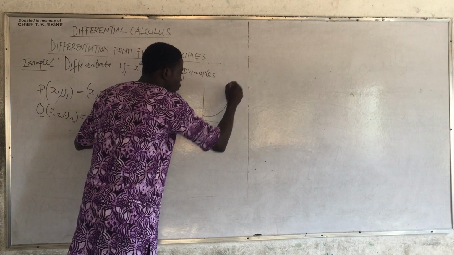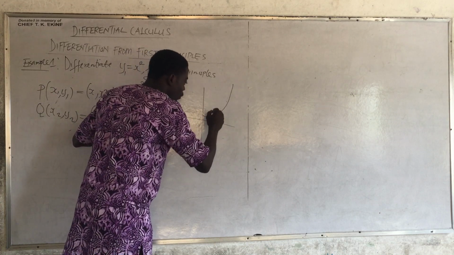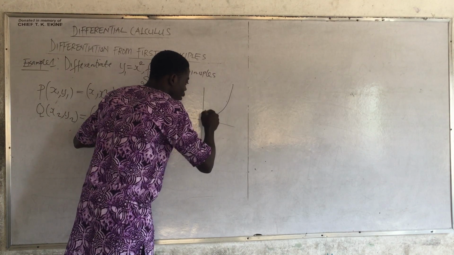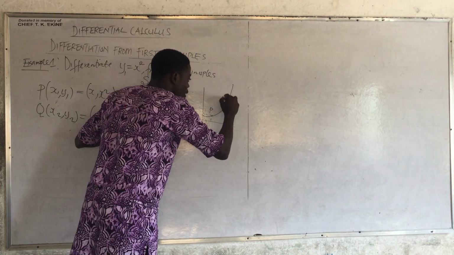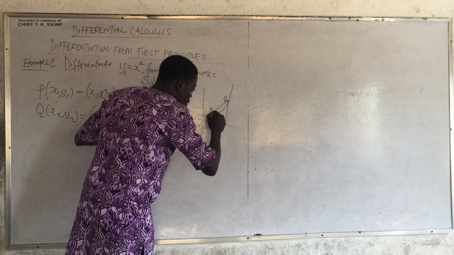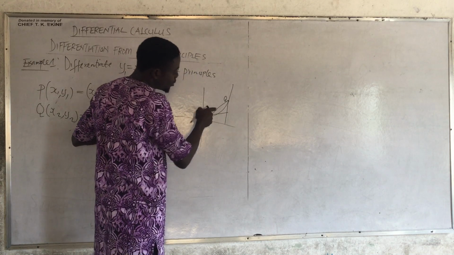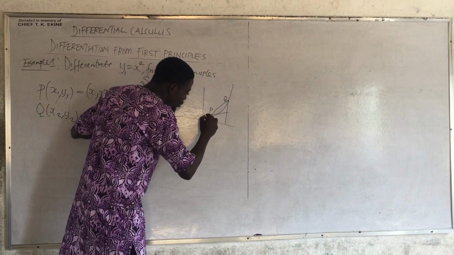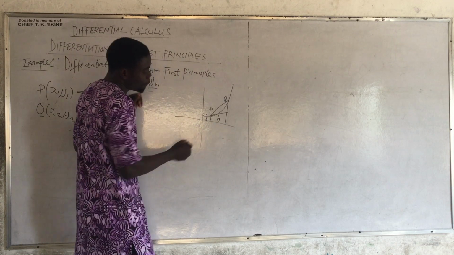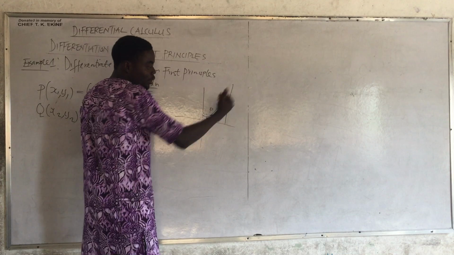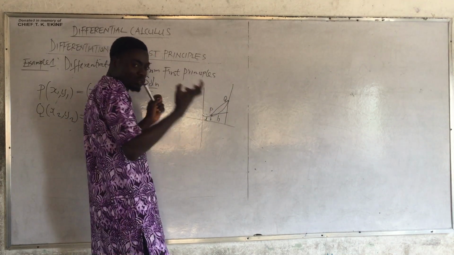Let's say here is P, and here is Q, and you have your gradient function at this point. As Q is tending towards P, h becomes small.